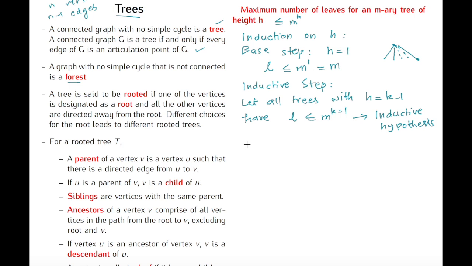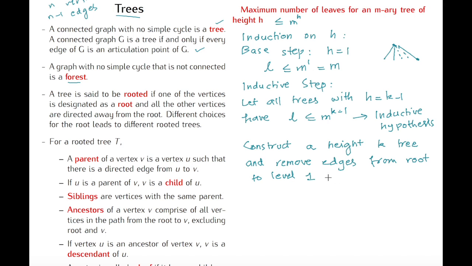So now what we do, we construct a height k tree and remove edges from root to level 1 vertices.